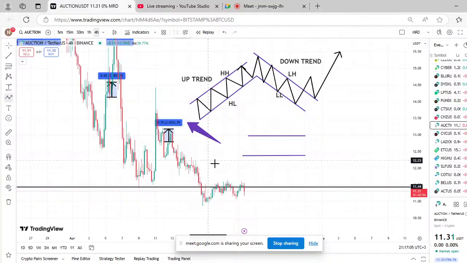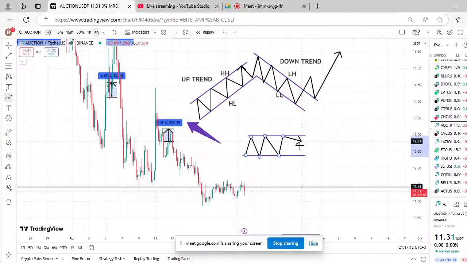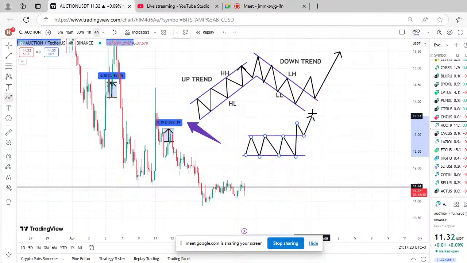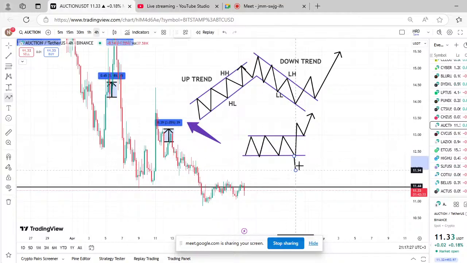The market should be touching the two lines like this. Then automatically that is a ranging market. It can simply break up like this, test, then move, or at times it can even break down, then test, then move down.